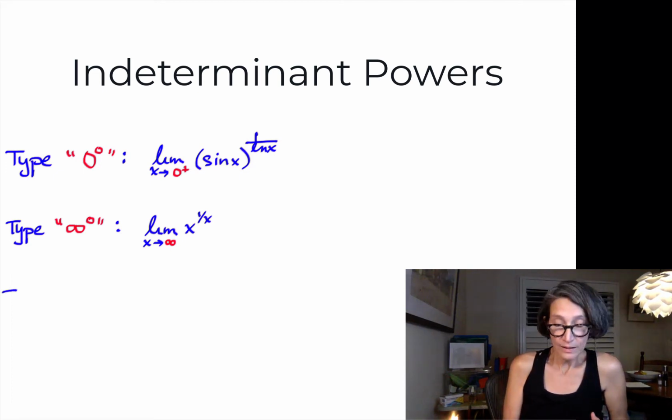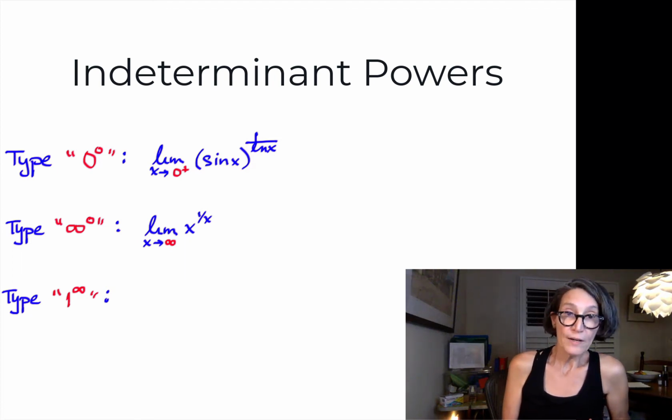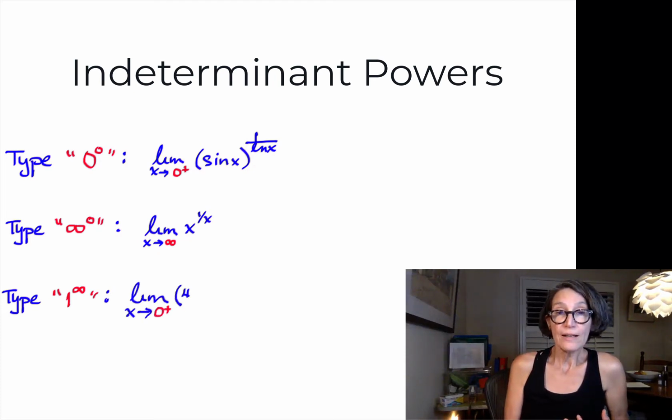And the last indeterminate power is of type 1 to the infinity. Now, the base is a function of x. It's not a constant. It's not always 1. It's some function that's approaching 1, while the exponent is another function that's approaching infinity or getting arbitrarily large, like the limit as x approaches 0 from the right of 4x plus 1 raised to the cotangent of x.